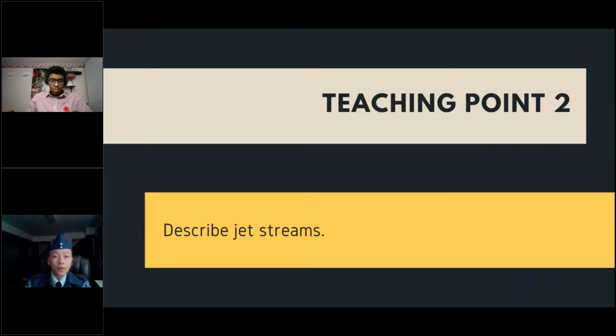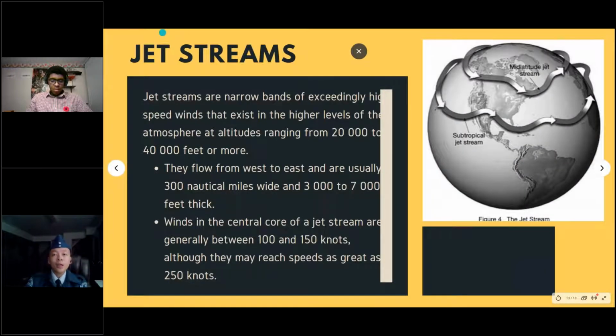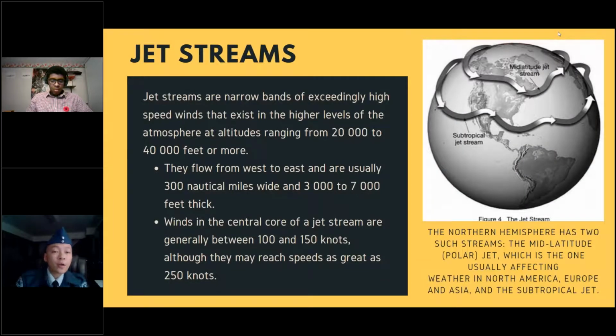All right, so we're going to move on to teaching point 2, which is describe jet streams. So jet streams are narrow bands of exceedingly high-speed winds that exist in the higher levels of the atmosphere at altitudes ranging from 20,000 to 40,000 feet or more.